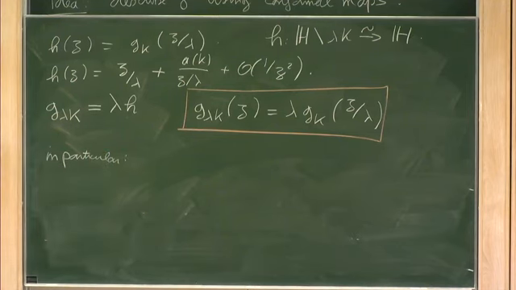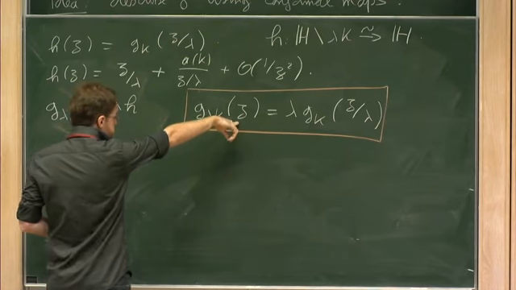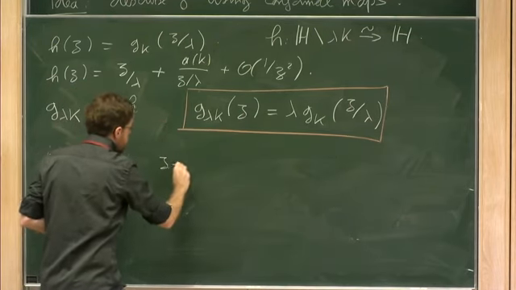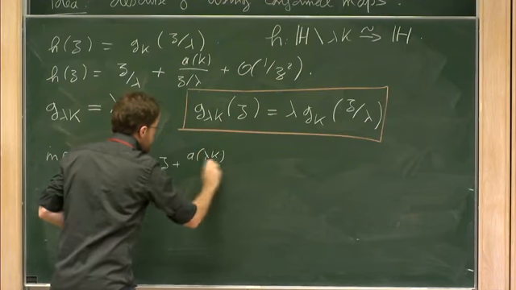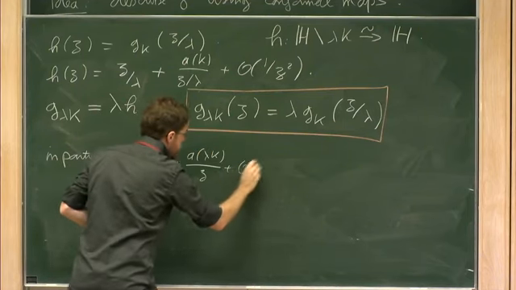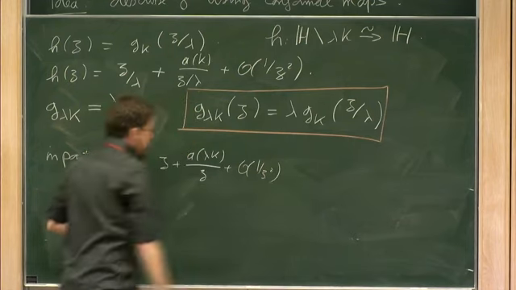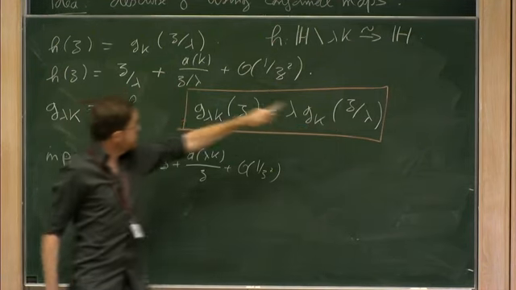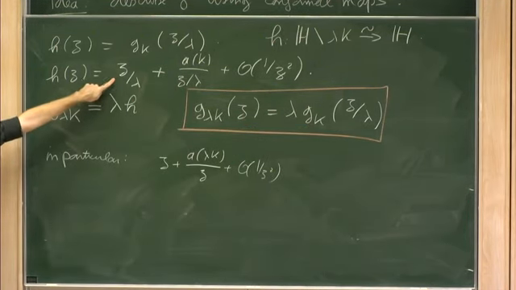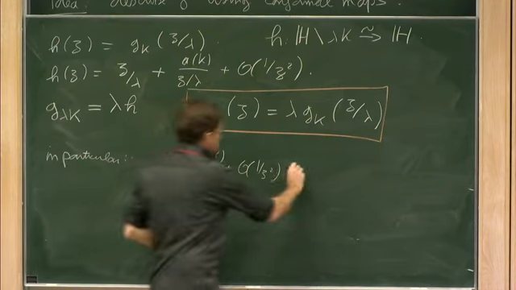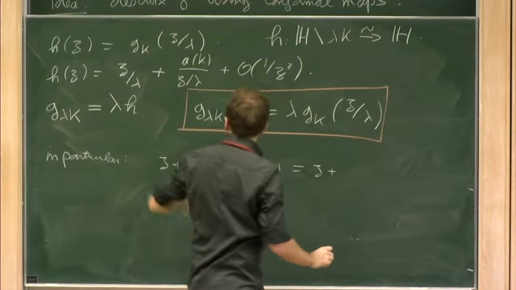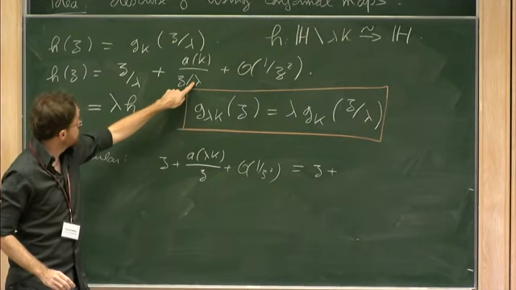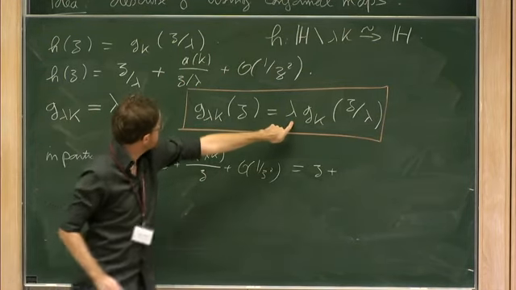So in particular, if you look at the expansion, well, the expansion of this at infinity is z plus a(lambda K) over z plus big O of 1 over z squared. And if you look at the expansion of this at infinity, it is what we just computed. It's this times lambda. So what you get is z plus, so there will be one lambda coming from here and one lambda coming from here.